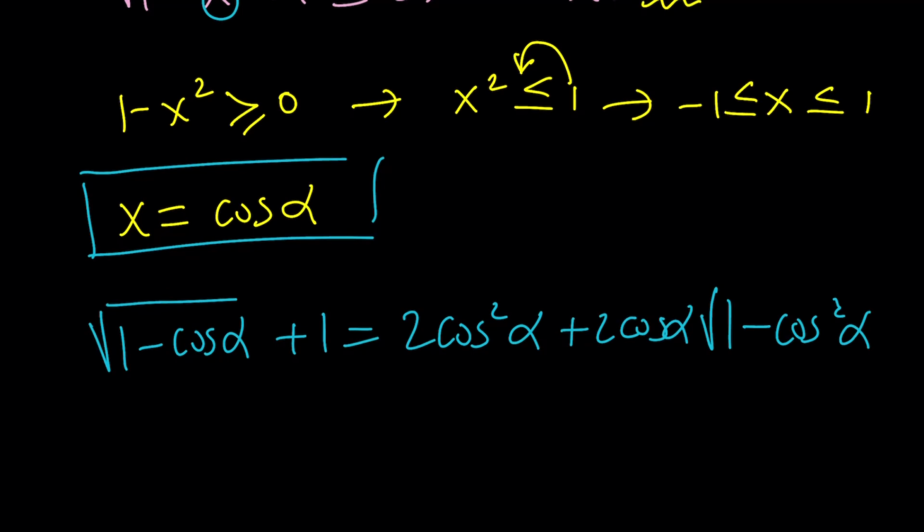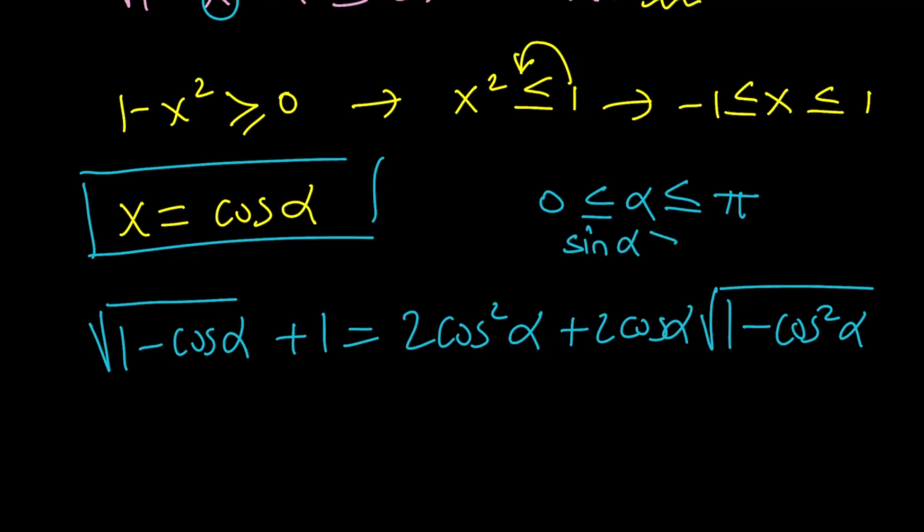Now, I need to make some restrictions here so that our answer is going to be nice, and things are going to work nicely. I want my alpha to be between 0 and pi. And that's going to be good enough because I'm also hitting the negative values of cosine, but at the same time, I'm making the sine positive, which is nice, right?